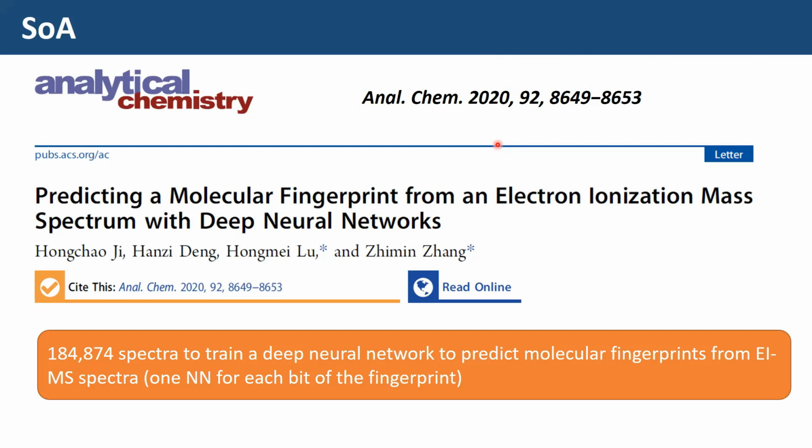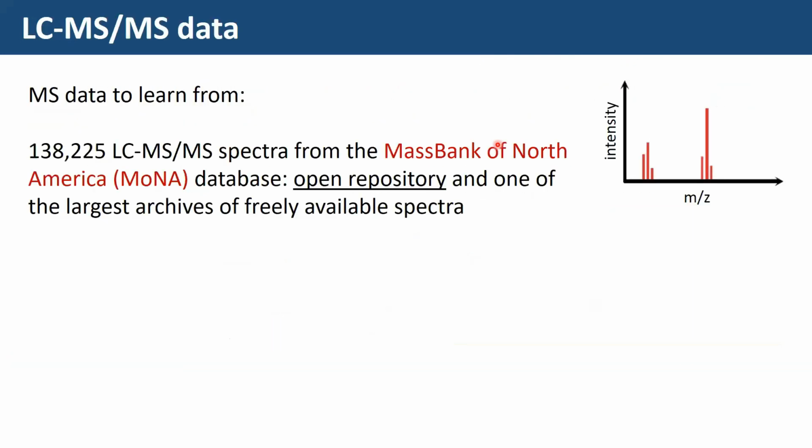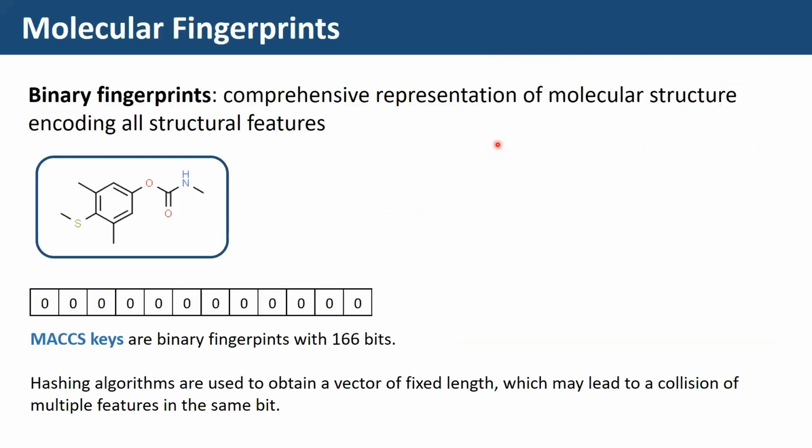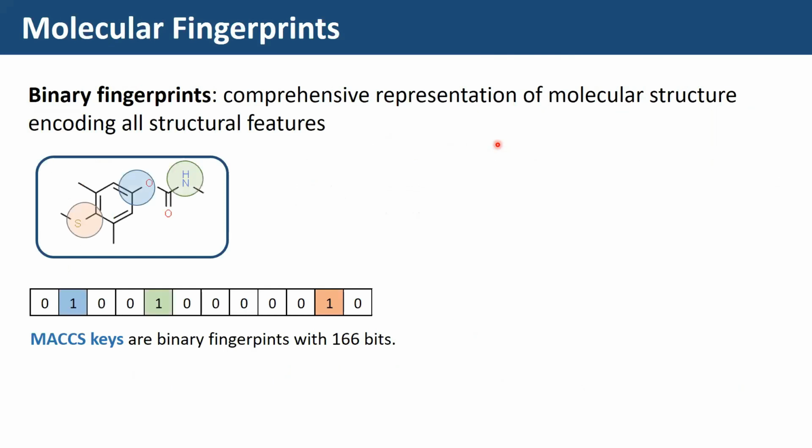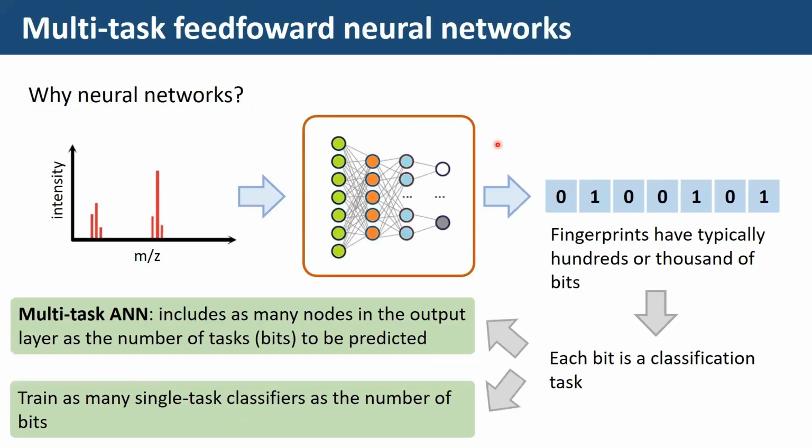But of course, you can also use other approaches if you use a single task approach, like the one I'm more used to using, I don't know, support vector machine or whatever, then you have to train a lot of models.